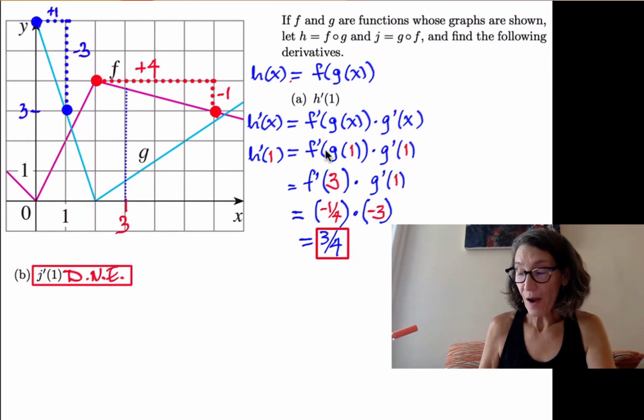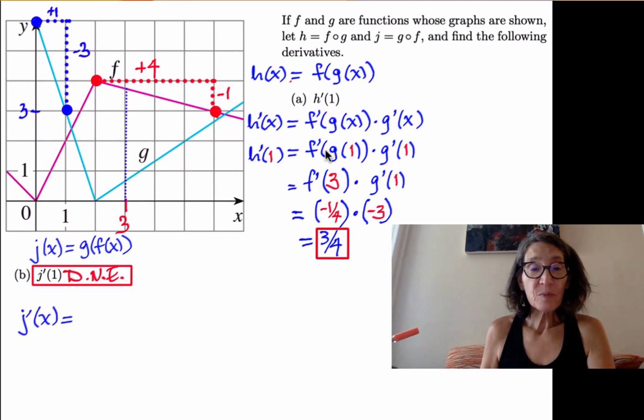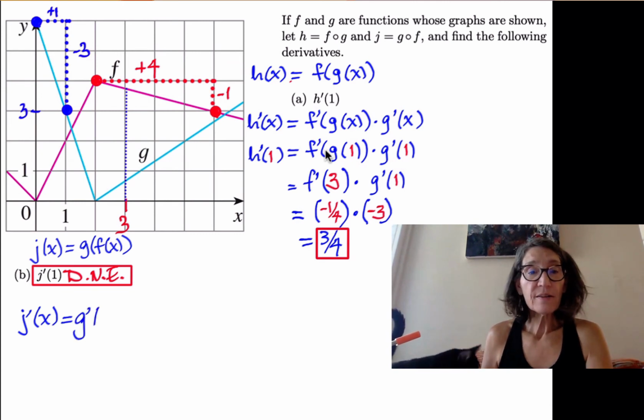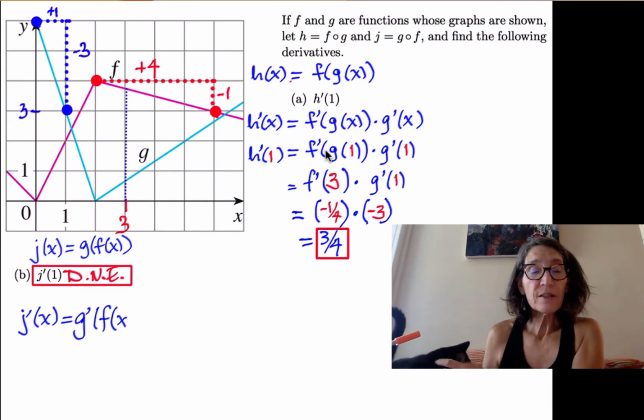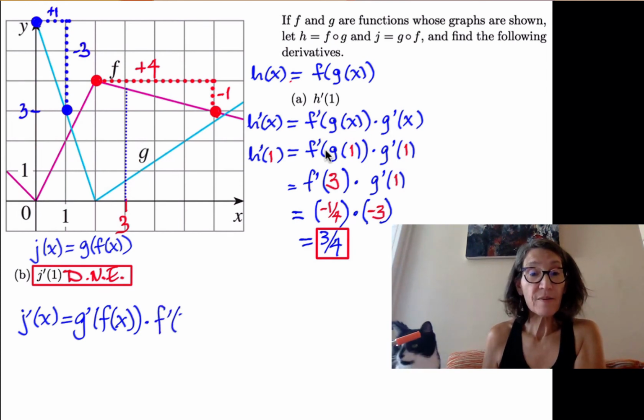Let's see why. If we write down J of X, it's the composite function G of F of X. So G is now the outside, F is now the inside. Using the chain rule, J prime of X is going to be the derivative of the outside evaluated at the inside times the derivative of the inside.